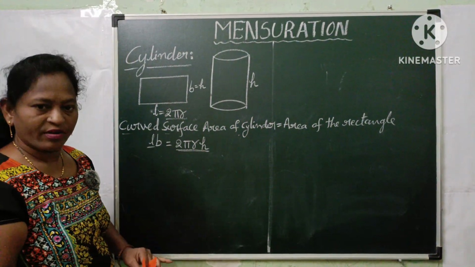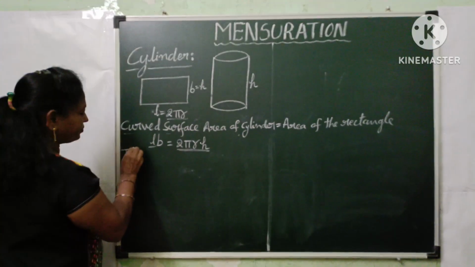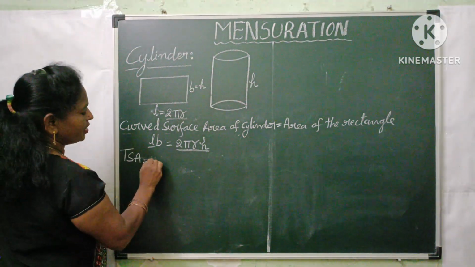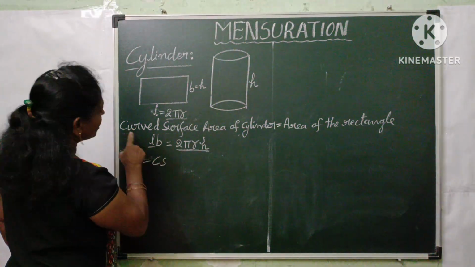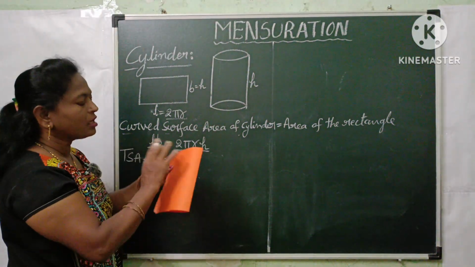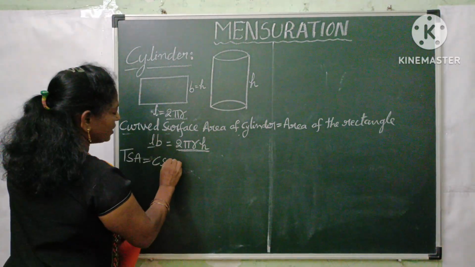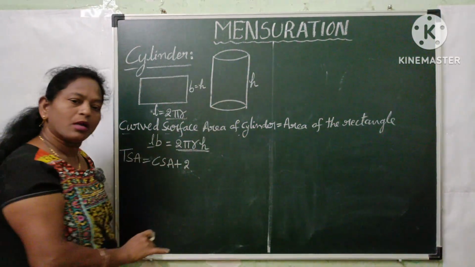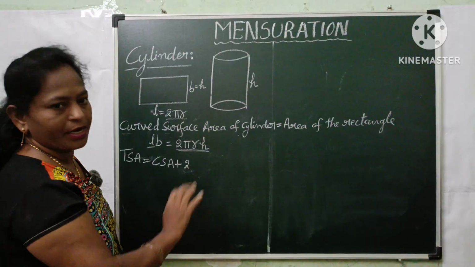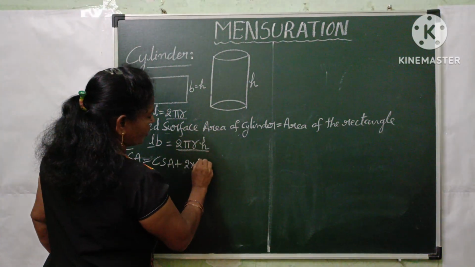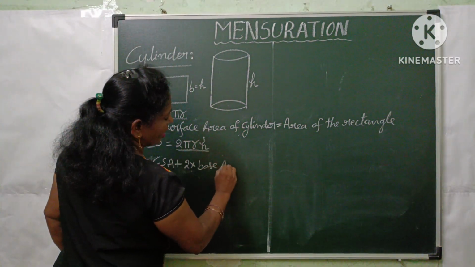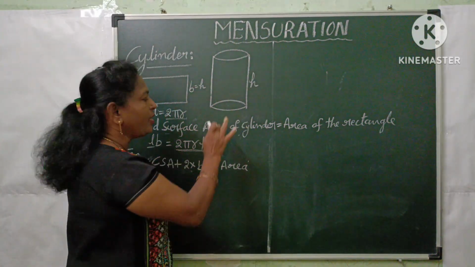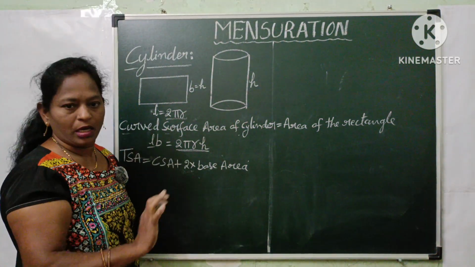Next, total surface area, TSA. TSA means CSA, the curved surface area, because this is the curved face, plus 2 into the base area, since 2 bases are there. Here the base is circular in shape. The area of the circle is pi r square.